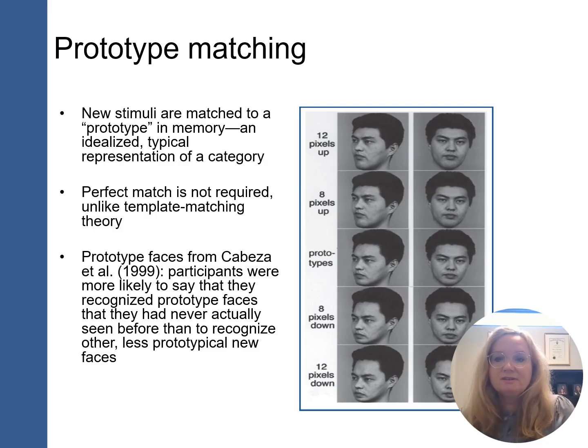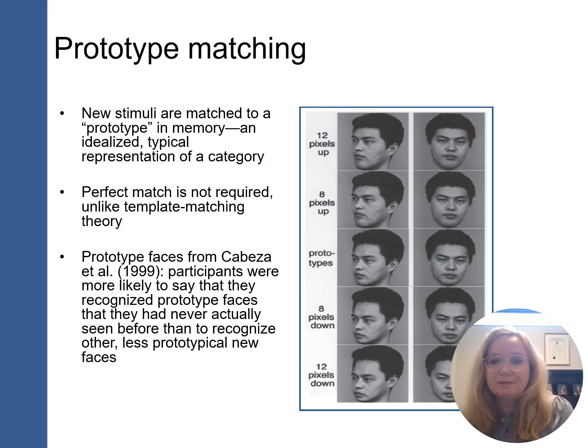So the other approach would be to use prototypes. The idea of a prototype match is that you would have new stimuli coming in, and they're matched to a prototype in your memory, an idealized, typical representation of a category. It doesn't mean that a perfect match is required. You can have a match that's close enough.